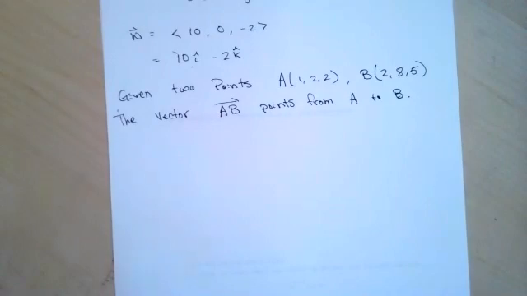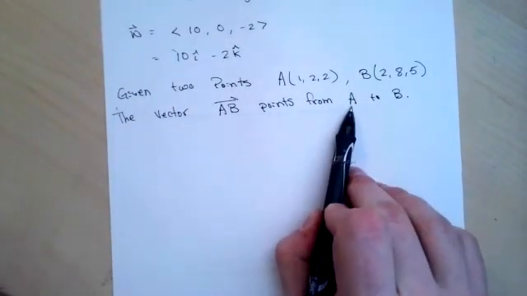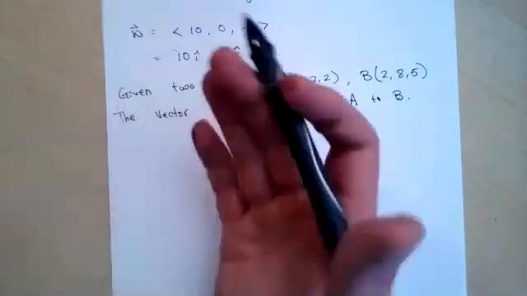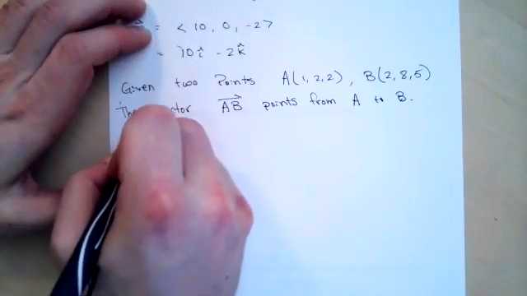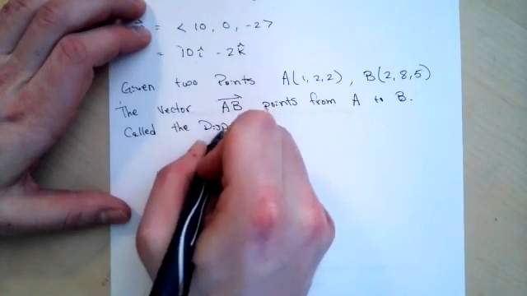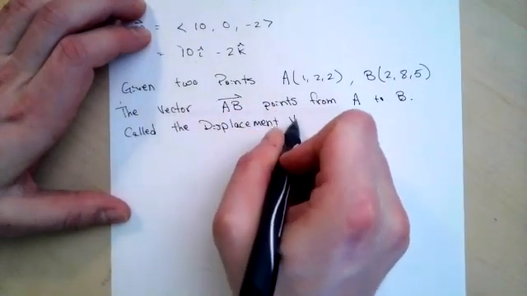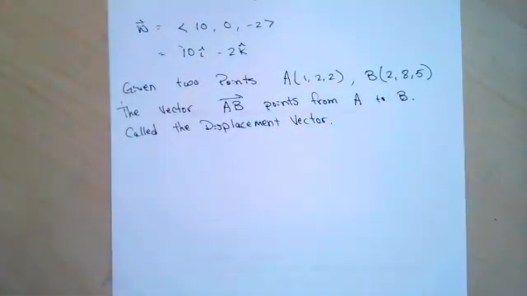And this will come in handy once we get into lines. It is the vector, whereas if I start at point A and walk to point B, it is the resultant vector, or what we call the displacement vector. It encodes the direction we walk, starting from A and ending at B, as well as the distance.